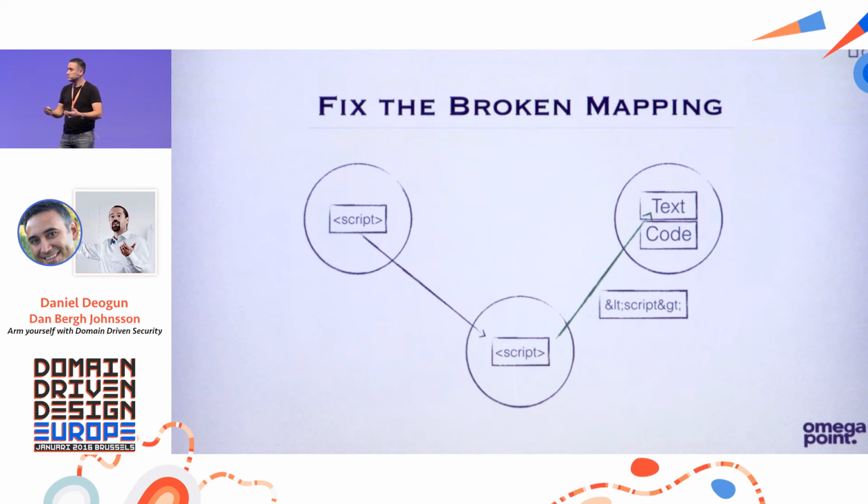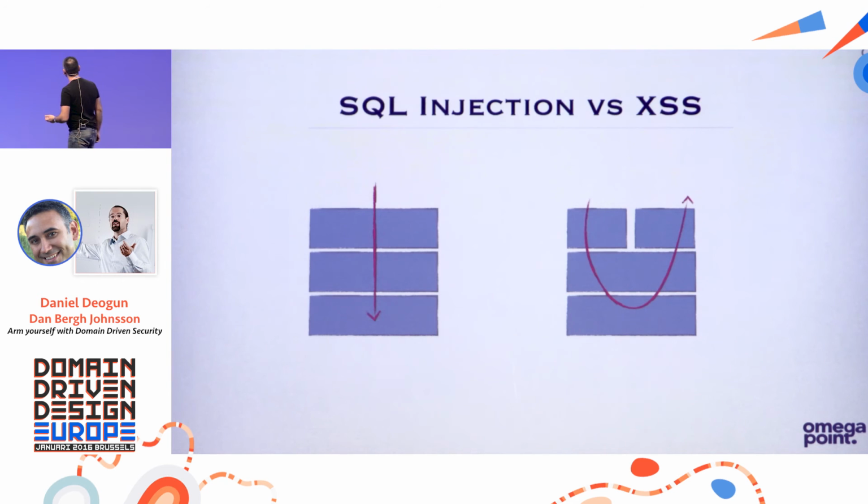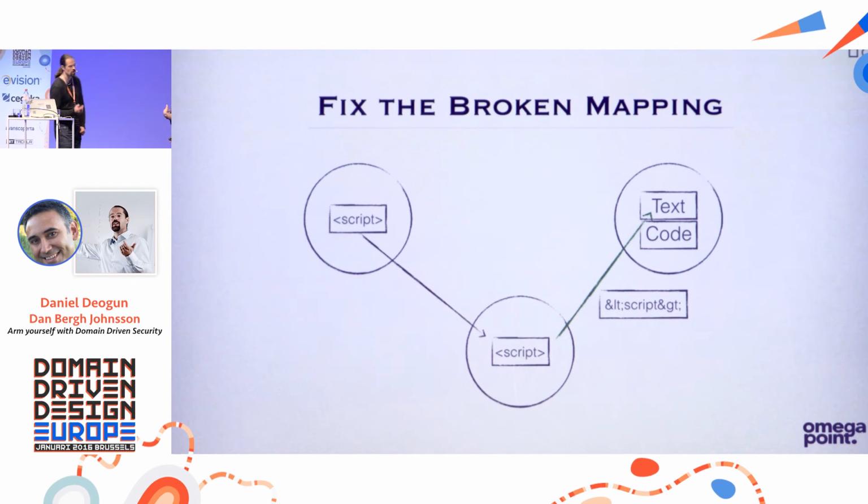Okay? Perfectly fine. So just to point back a little bit, this is why we think that strategic design is such a key ingredient to understanding security using domain-driven design as a tool. It really opens up a lot of interesting ways of thinking about security flaws.